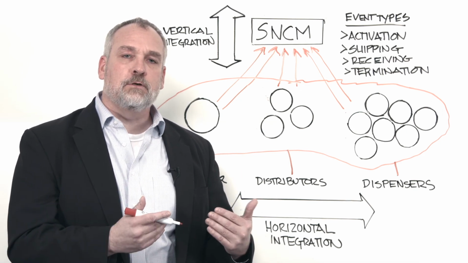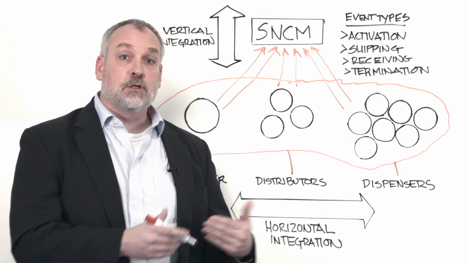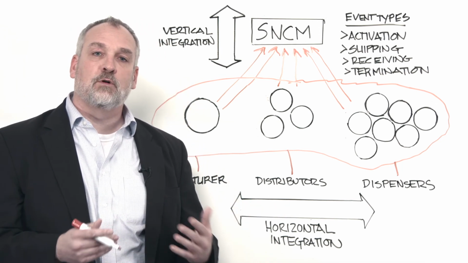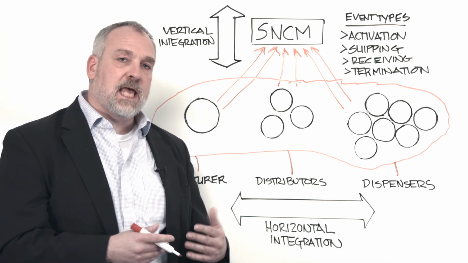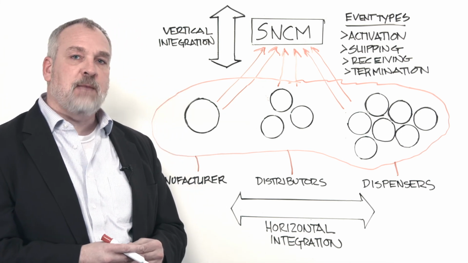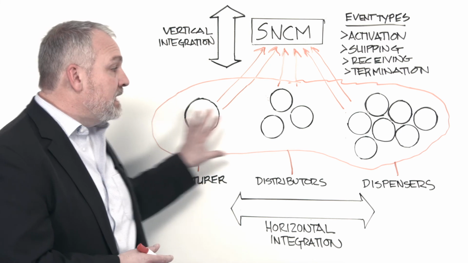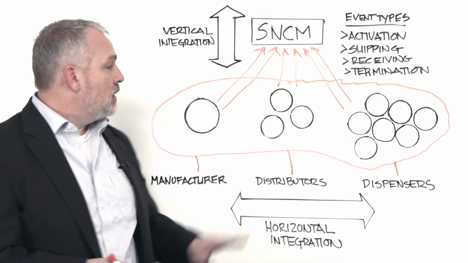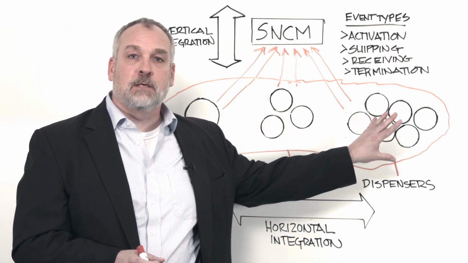So we encourage you, as you're evaluating your solution, designing your solution, and evaluating different solution providers, to really look at what that solution provider's capability is to minimize the time, cost, and risk of integrating with your downstream trading partners.